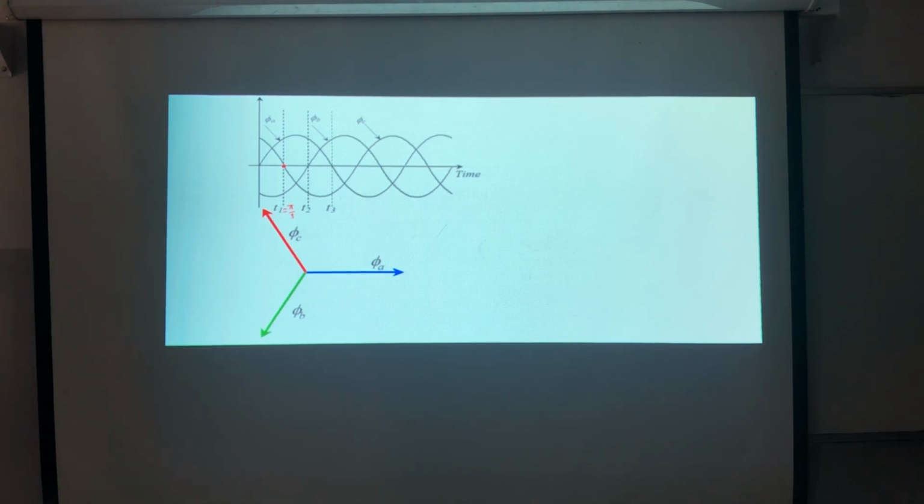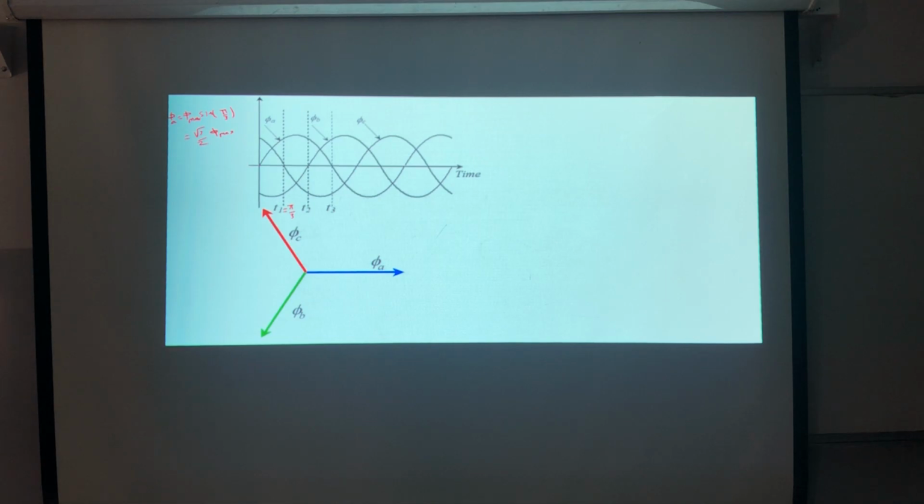Now, the flux due to A, phi A, equals the maximum flux times sine of the angle, which is pi over 3. And this will equal square root of 3 over 2 phi max, correct?